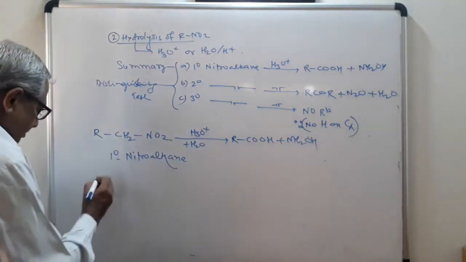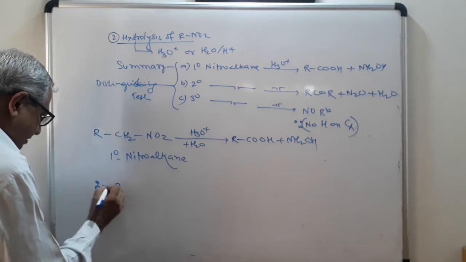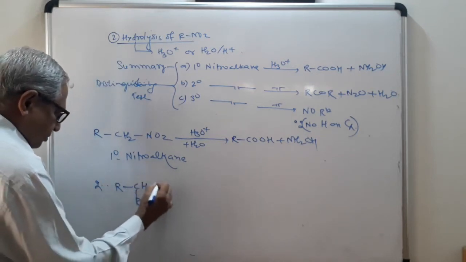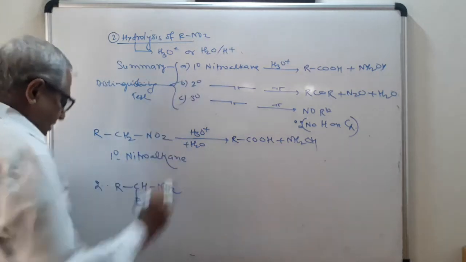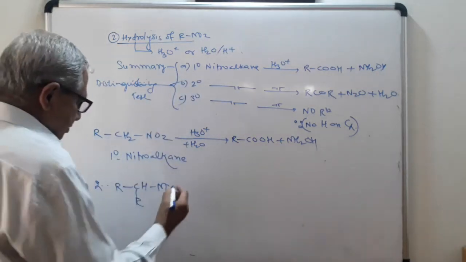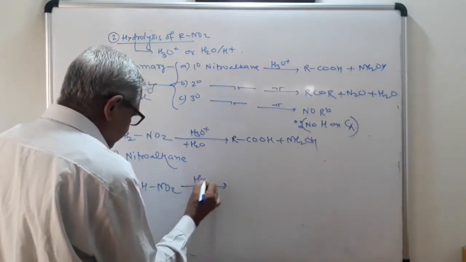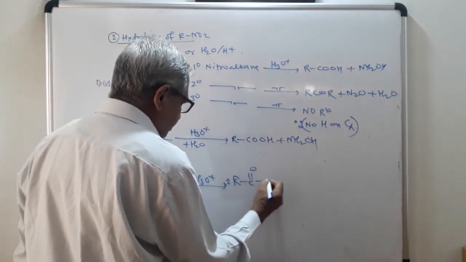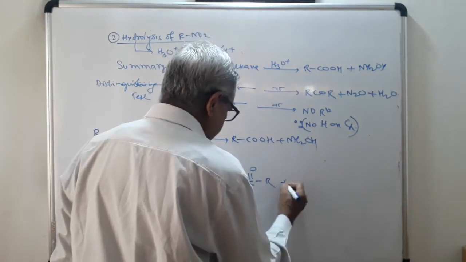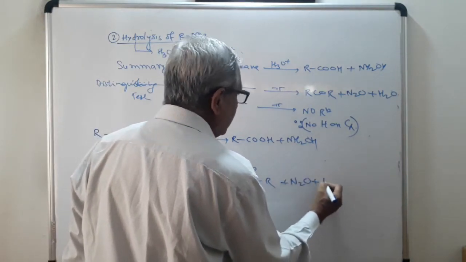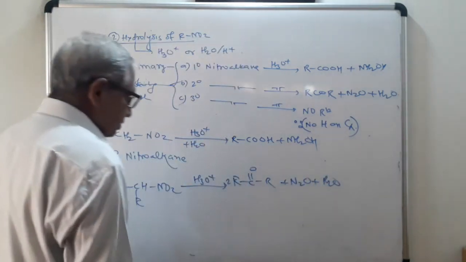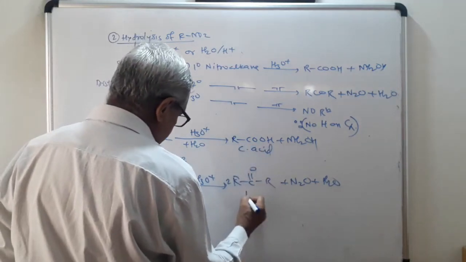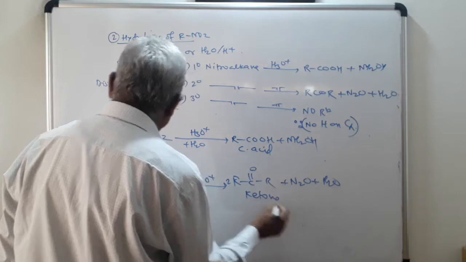Second reaction, 2 times RCHRNO2. This is the secondary nitroalkane. You will do the reaction with H3O+, acidic hydrolysis. You will get 2 molecules of ketone RCOR' plus nitrous oxide N2O plus H2O. So in this case you will get carboxylic acid, and here ketone. This is the important point here.